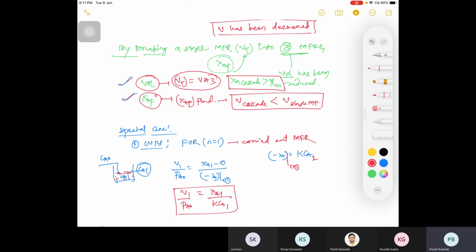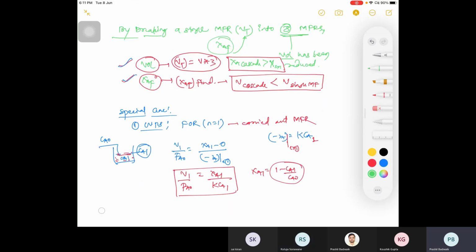Now please replace XA1, which is equal to what? Ca naught minus Ca1 divided by Ca naught. Okay, so here you replace this. You can also write tau divided by Ca naught, so it will be easy.